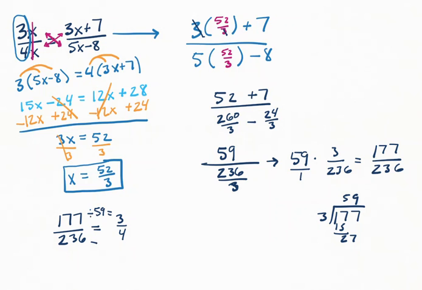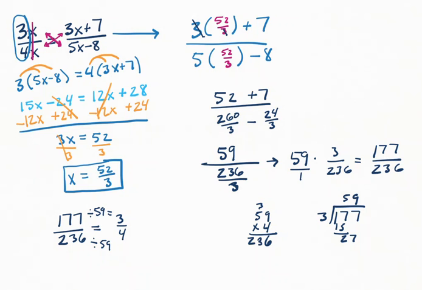So if I do the same thing on the bottom, or I could work it backwards, I can say, well, does 4 times 59 equal 236? 4 times 59, and that's, let's see, 36, 20 plus 3, oh, looky there.